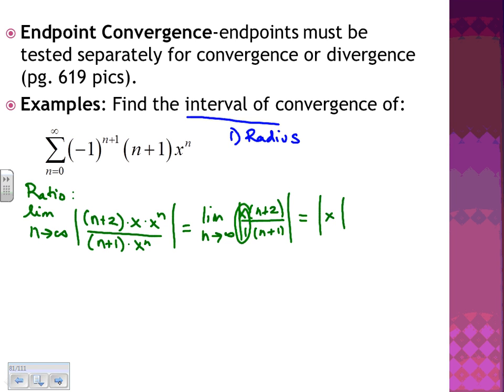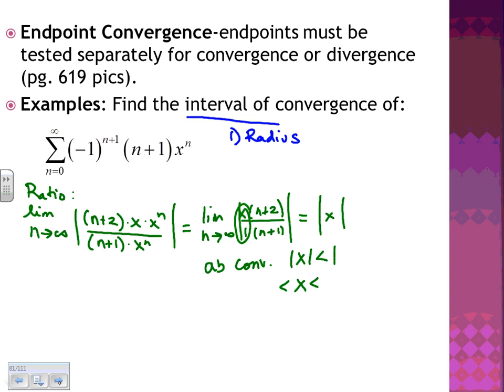So here I know that this is going to converge absolutely when the absolute value of x is less than 1. So I know that my radius of convergence is 1. I'm centered at 0. So now let's go ahead and do my endpoints.